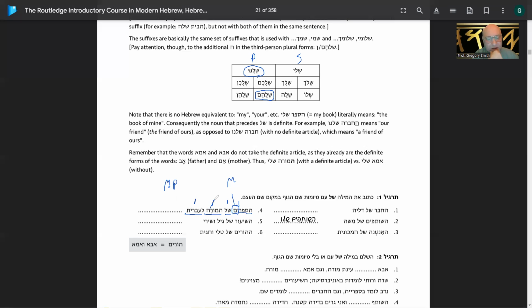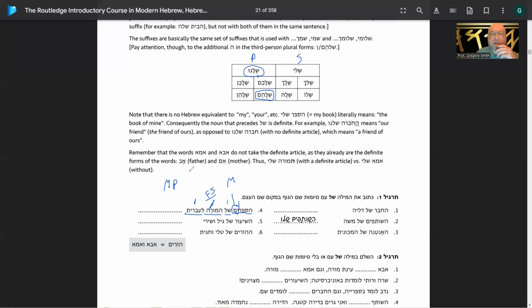No, it's going to be Hamore. This teacher is feminine singular. Okay, so it'd be like her books. The Hebrew books belonging to the teacher. So it's got to be like her books.